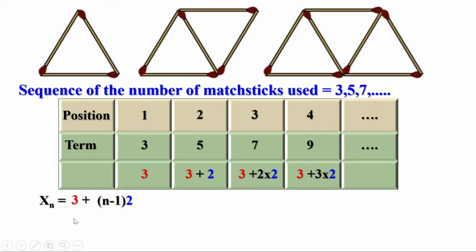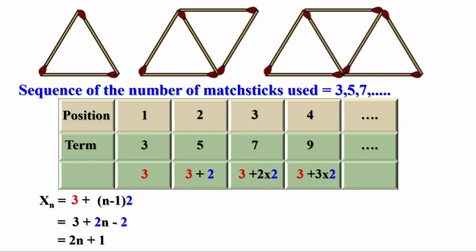Now how can we simplify it? This is (n minus 1) into 2, which means we have to multiply 2 by both n and minus 1. That is 2n minus 2. So it can be written as 3 plus 2n minus 2. Let me write 2n at first. Then what remains? 3 minus 2. 3 minus 2 means 1, or plus 1.